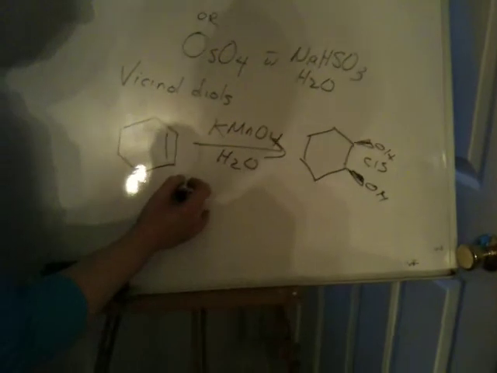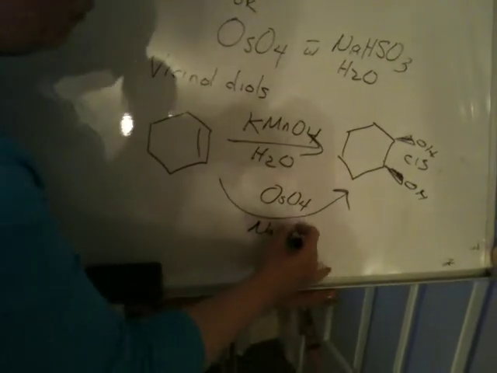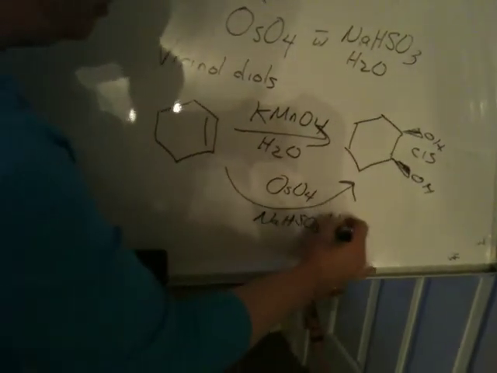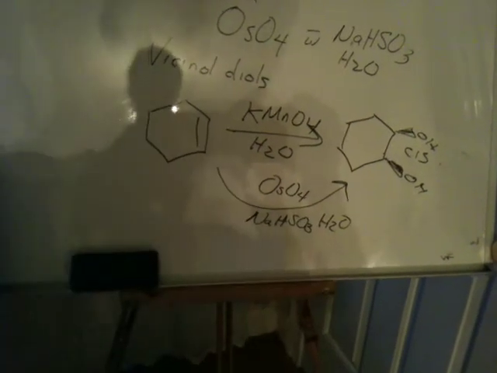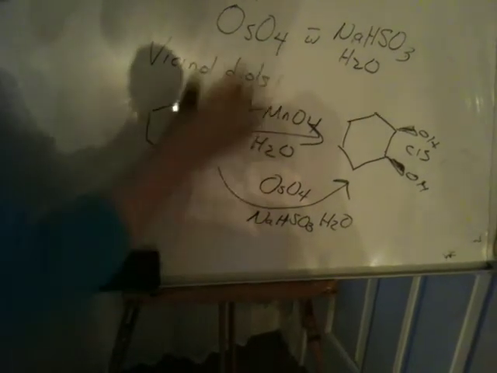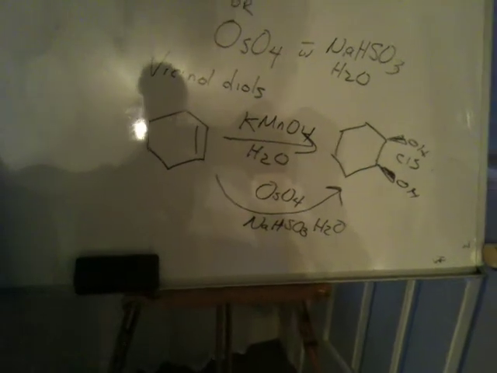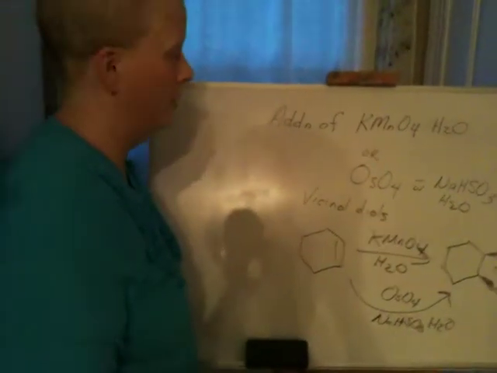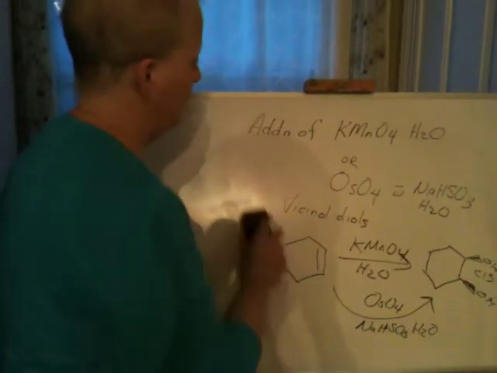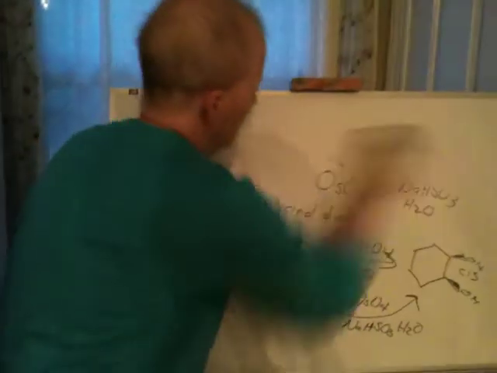This can also be accomplished using osmium tetroxide and sodium bisulfite in water. These reactions complement the epoxidation reaction, and because we did it quickly, I'm a little worried that it'll get lost in the shuffle.